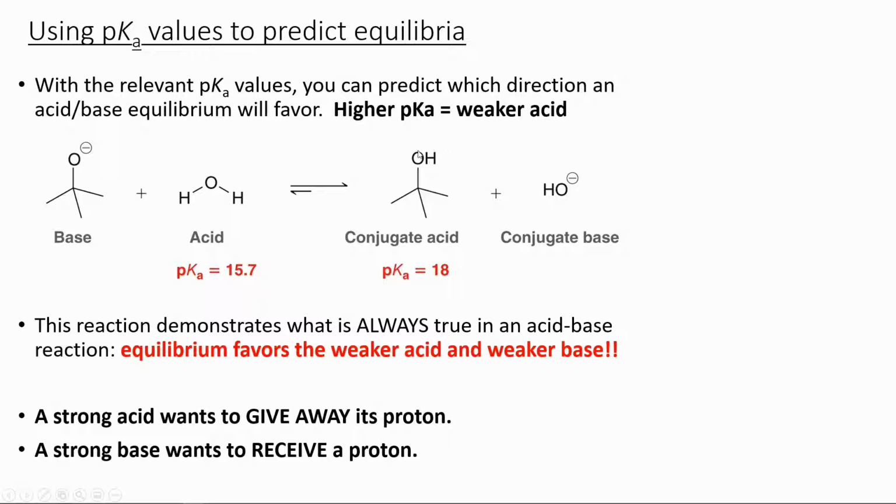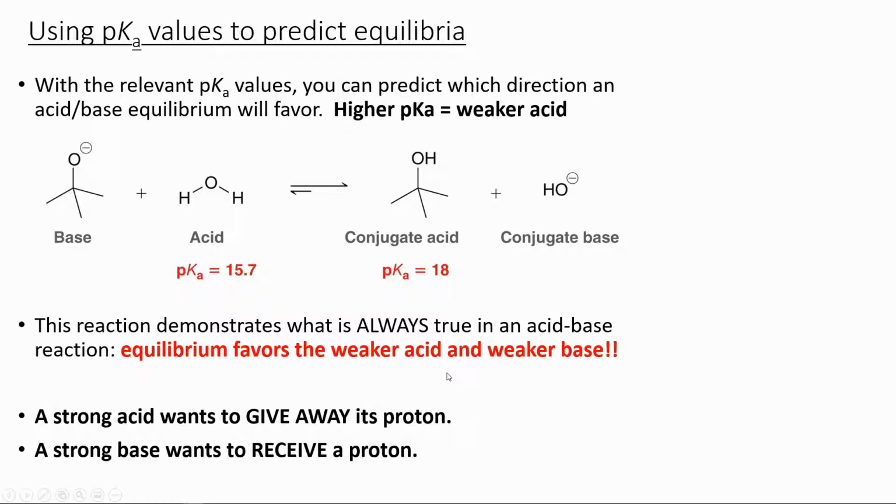Those are the two acids that we're comparing, and we have a pKa difference of 2.3. Because the tert-butanol has a higher pKa, it's going to be a weaker acid, and it's going to be less likely to give up its proton. Water is going to be a stronger acid in this case, so it's going to be more likely to give up its proton. That means our equilibrium is going to lie in the direction where we have the tert-butanol protonated and the water deprotonated as its conjugate base.